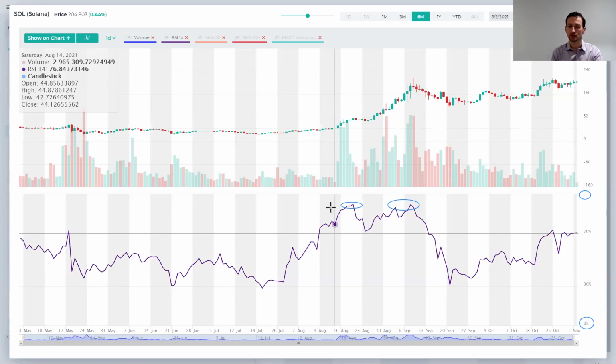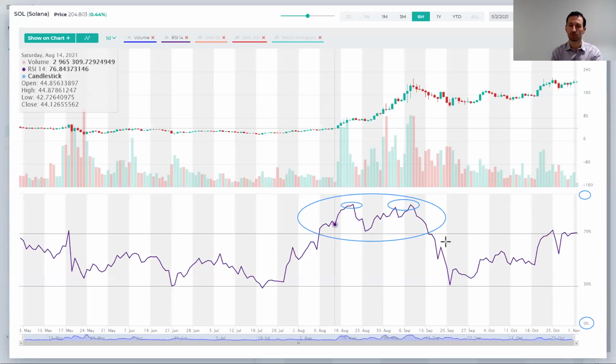As you can see, during periods of strong gains, RSI can be above 70 for a while. Just reaching 70, even though technically overbought, doesn't mean much, because coins in an uptrend can and actually do stay overbought, or over 70, for a while.